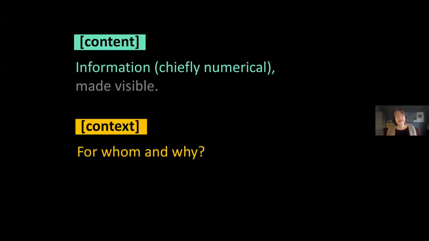Now, for sure, data visualization is strongly rooted in content. That's the information that you're visualizing. But this morning, I'd like to encourage you to take a step back and also think about the ultimate context. For whom and why? The content is often fairly straightforward, especially if you're a scientist working with the data that you've collected.